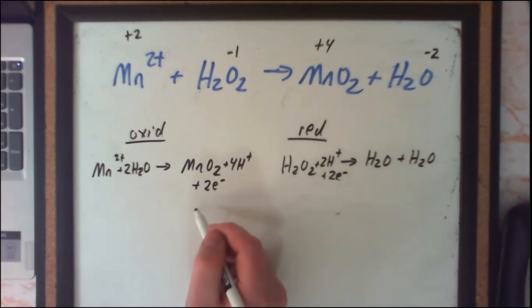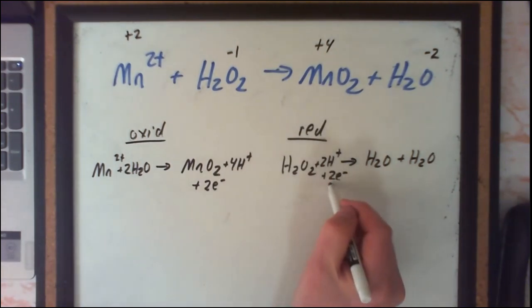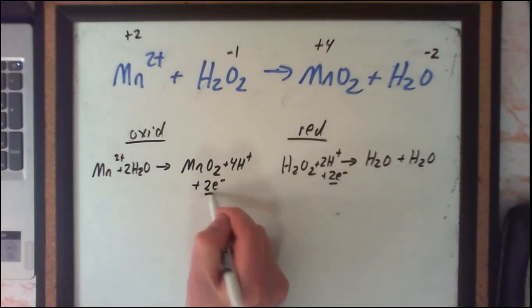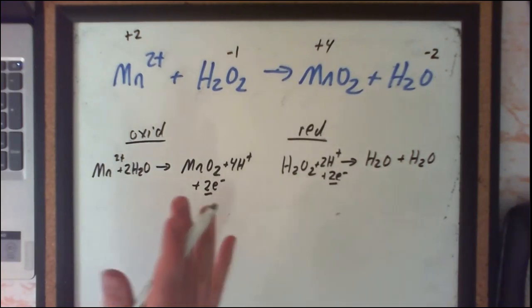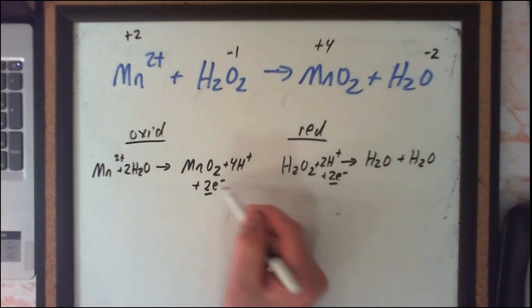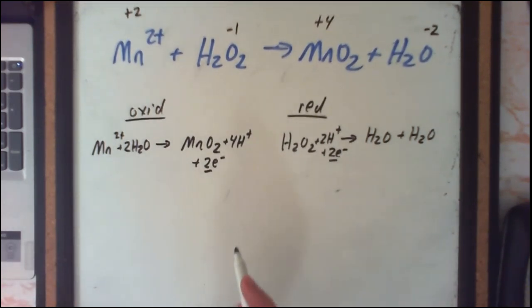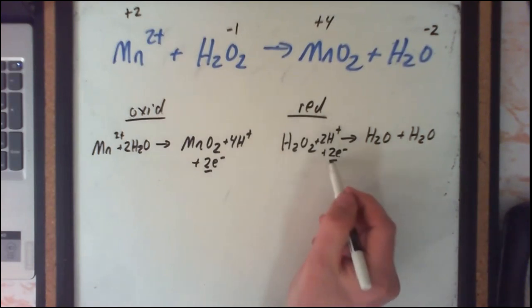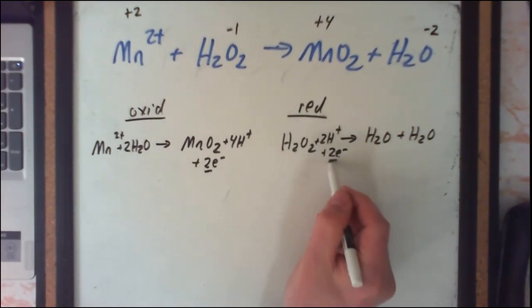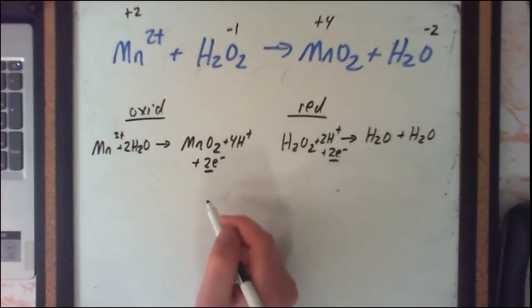I'm ready to combine them, but before I combine them, I have to make sure the number of electrons consumed is the same as electrons produced. Finally, in this example, we do have an example where the numbers are the same, so there's nothing to do here, except just rewrite the equations as is to make it easier to add, because the number of electrons consumed here is already the same as the number of electrons produced.